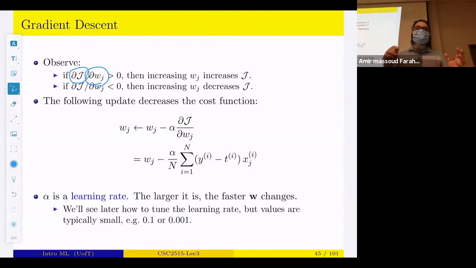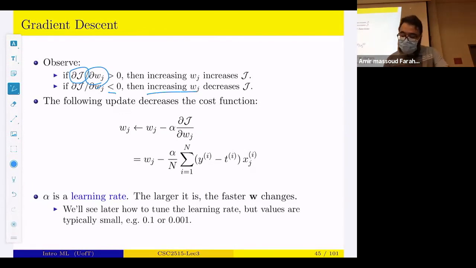And vice versa, if it is negative, then increasing Wj decreases J. What we want to do is decrease J, to minimize the cost function. So if the partial derivative of J with respect to some Wi is positive, then in order to decrease J, we decrease Wi.